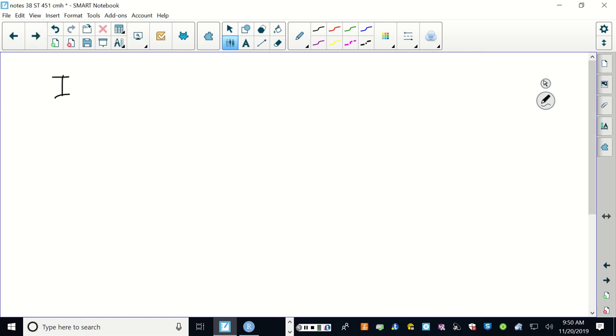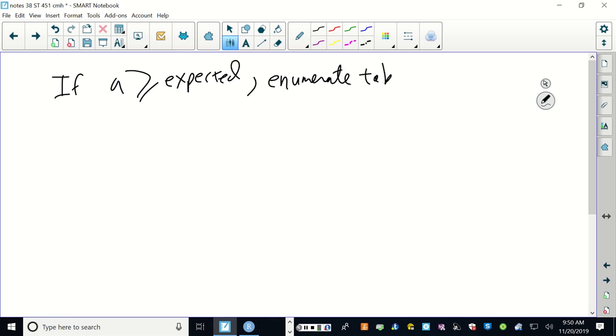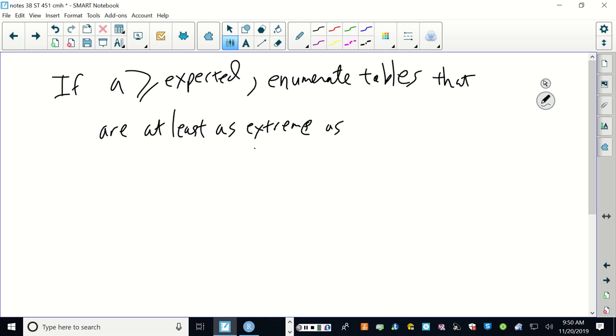So if A is greater than or equal to its expected value, then we're going to enumerate tables away from expected values that are at least as extreme as our observed table.